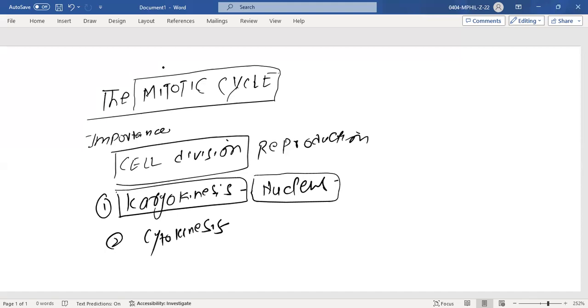and how karyokinesis takes place in an organism, right? But before that, the one thing you should know is the structure of a chromosome.